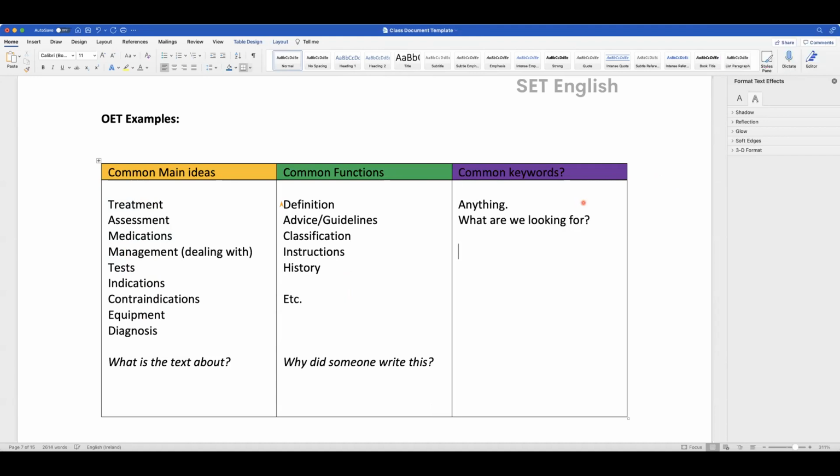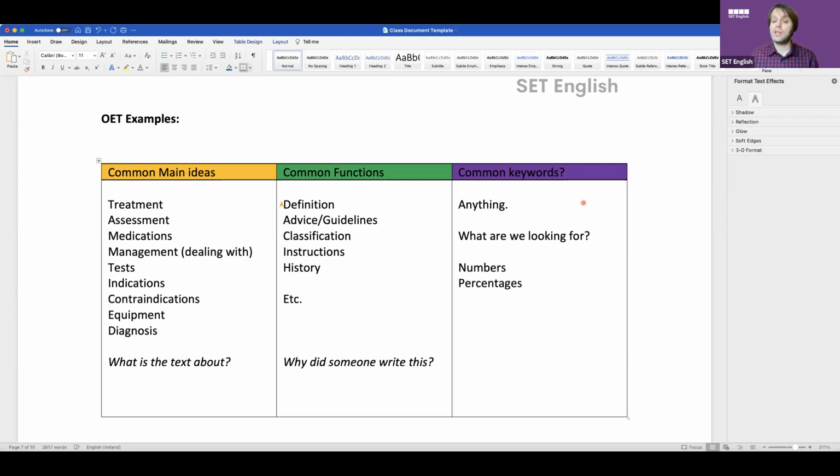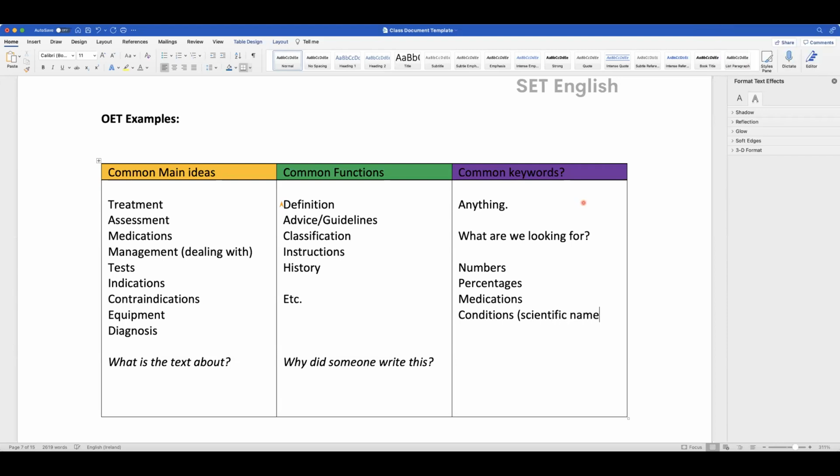Numbers, percentages, gender, education, words in brackets, medications, conditions, scientific names. What do brackets mean? These ones, right? Or these ones are also brackets, and also these ones. Anything like that. Anything else?